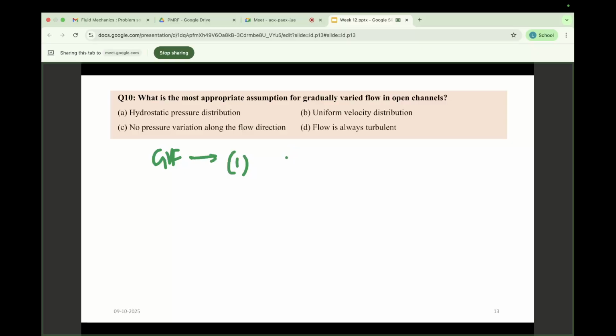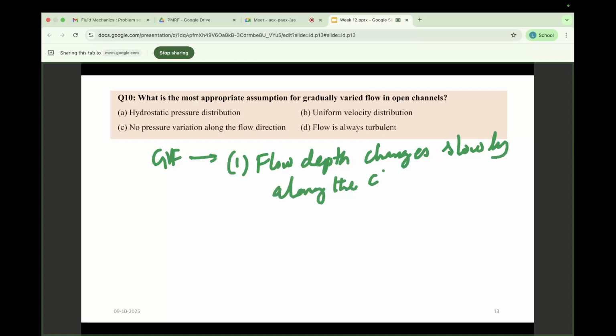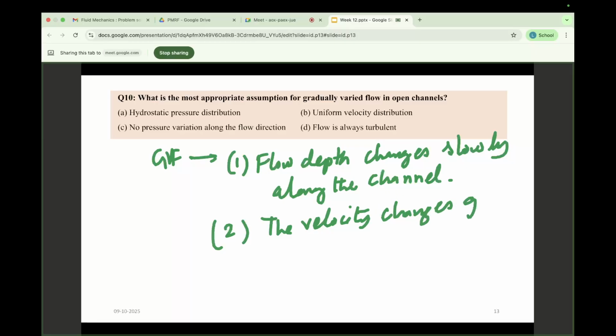The first is that the flow depth changes slowly along the channel. Next, the velocity changes gradually.